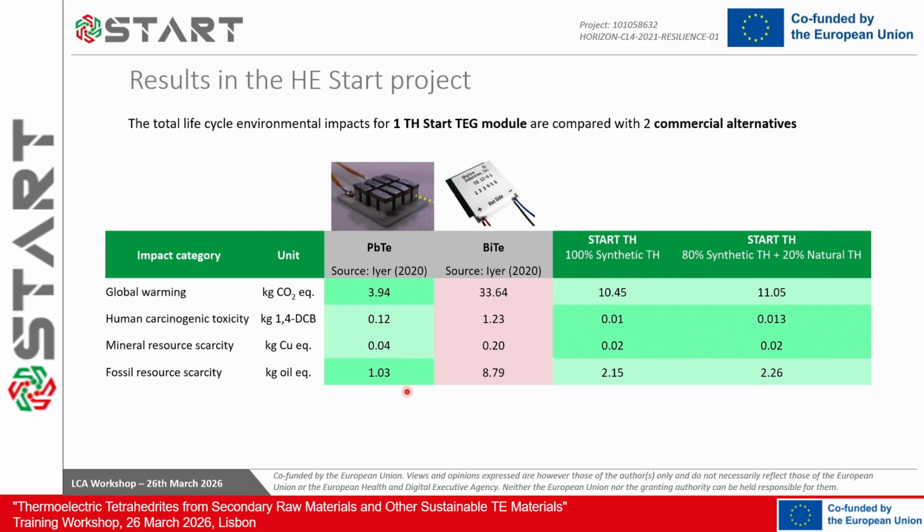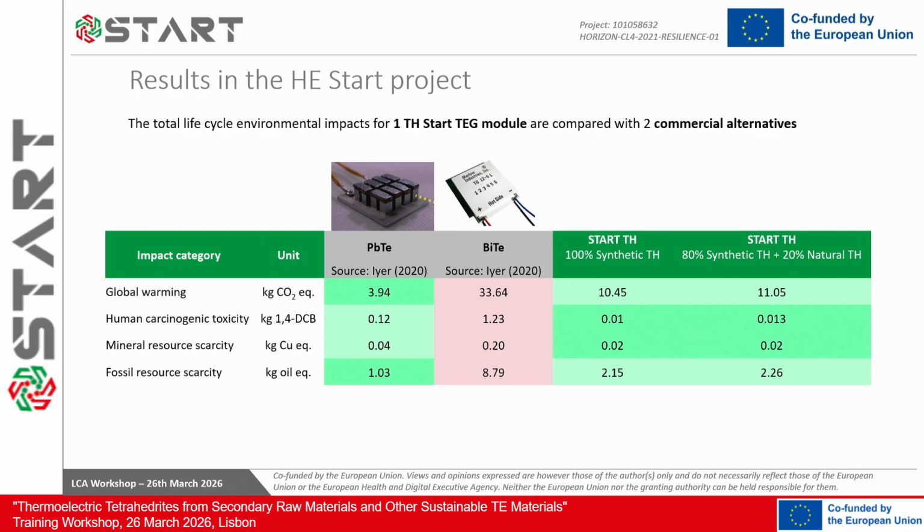But when looking at toxicity and also mineral resource scarcity, because we are using waste or mine waste, this is a big advantage for the START project components. And also toxicity, of course, it's much better than the lead and also than the bismuth. So it's a bit of a trade-off. LCA always ends up a bit like this. There are many categories.